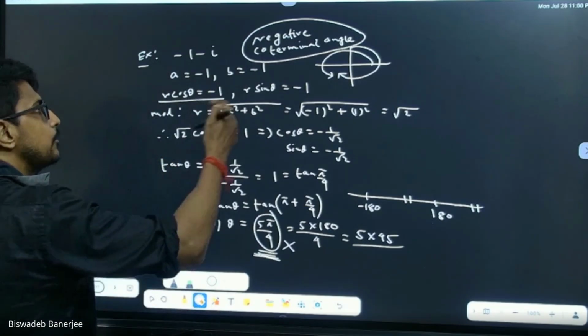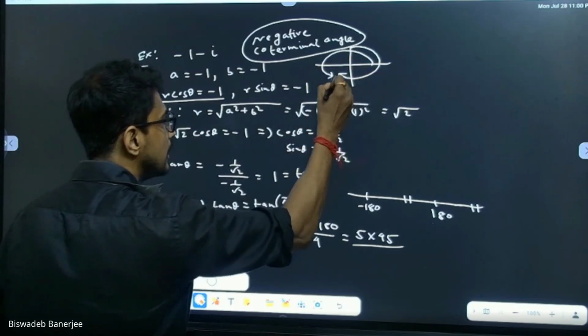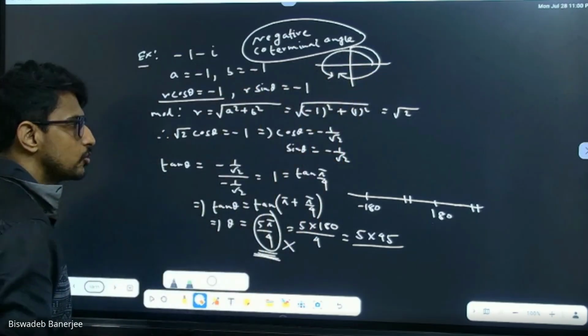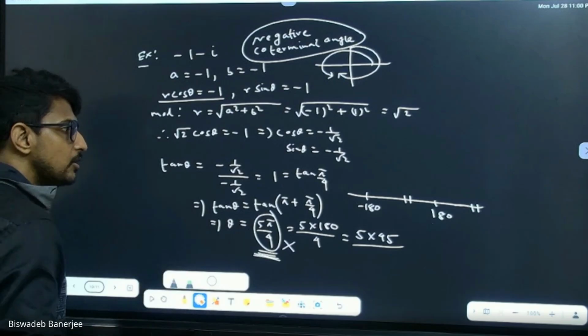So in that case, we have to move in the clockwise direction and must reach the third quadrant. So how can we do that?